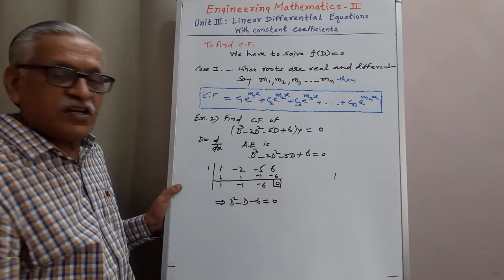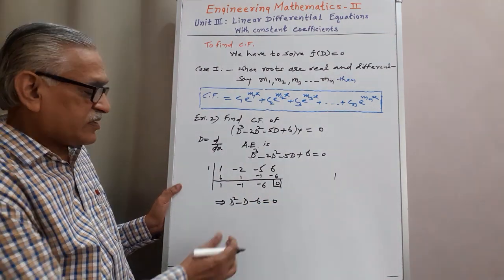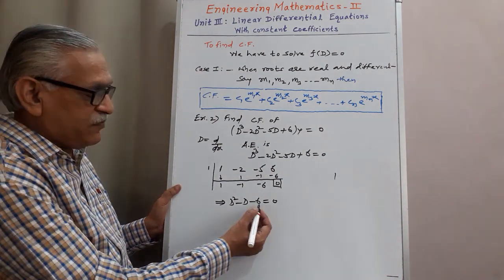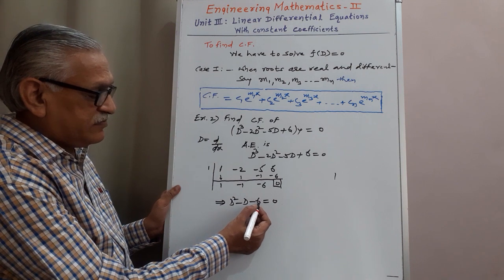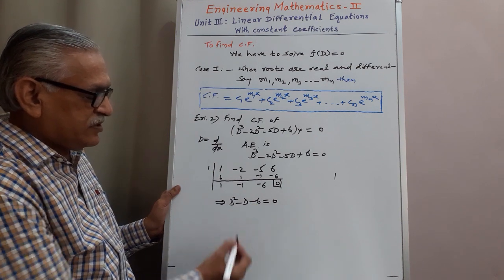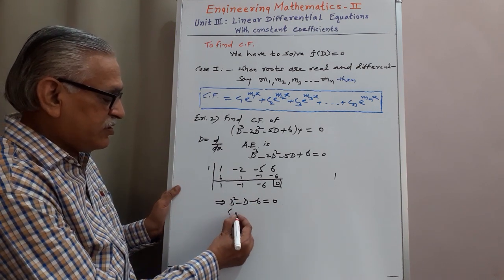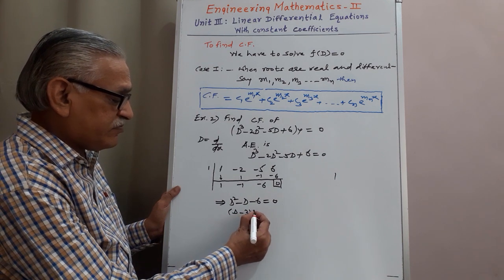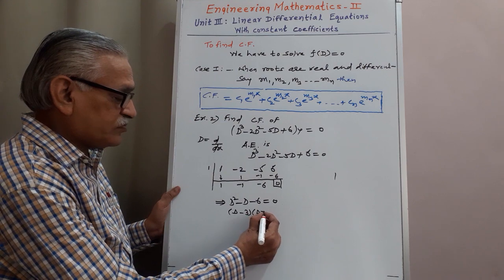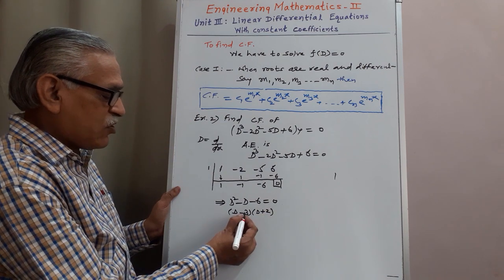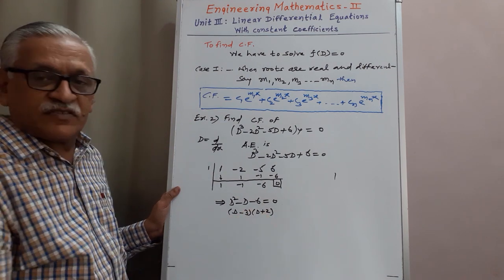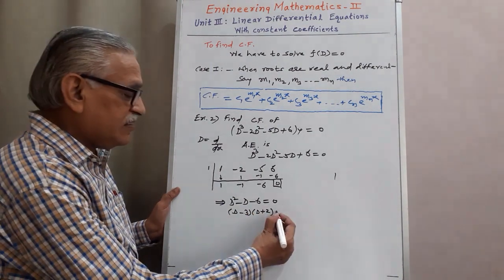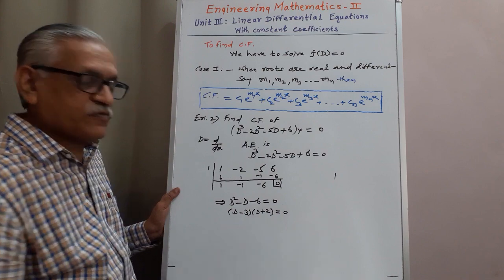A quadratic equation in terms of D. We require it to obtain the remaining two roots. Therefore, factorize this. Product must be minus 6, sum must be minus 1, therefore it is D minus 3 and D plus 2. That product of minus 3 into 2 is minus 6, and minus 3 plus 2 we get minus 1. That property is true.